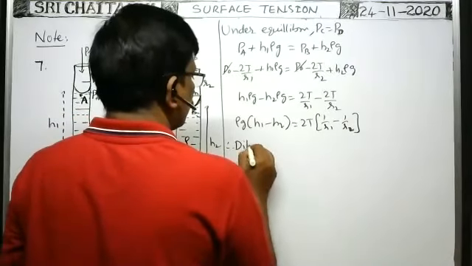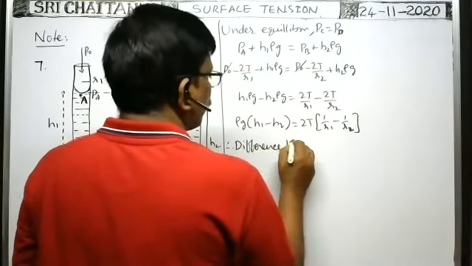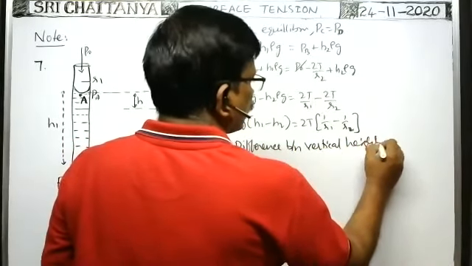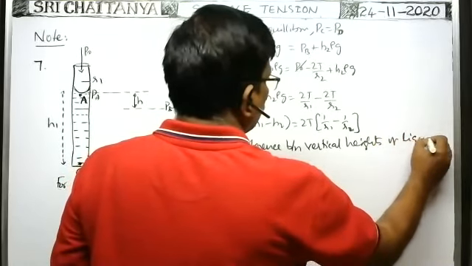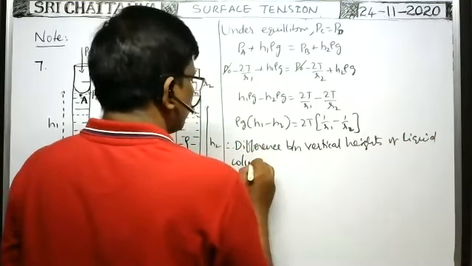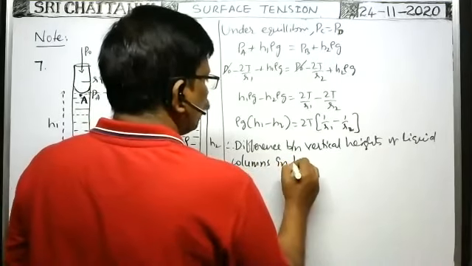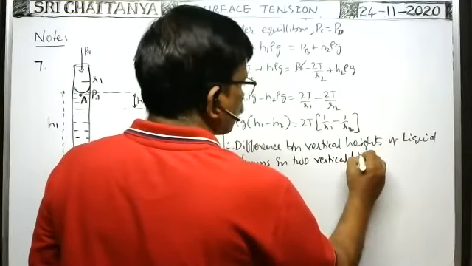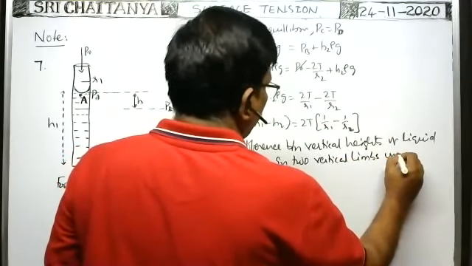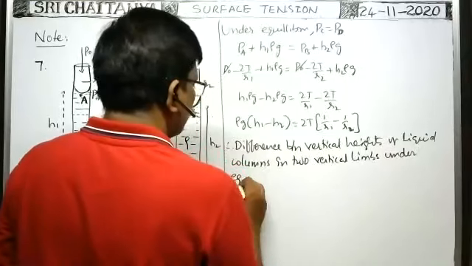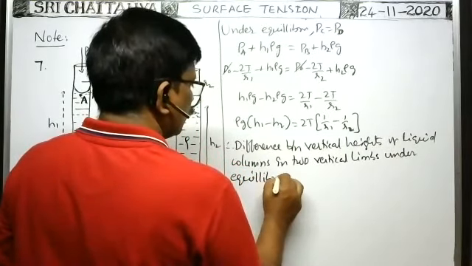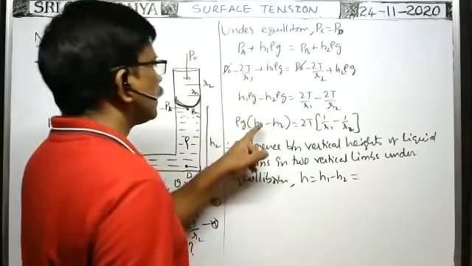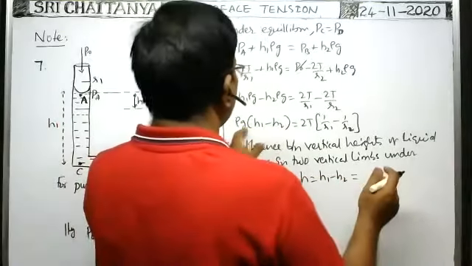Therefore, the difference between the vertical heights of the liquid columns in the two vertical limbs under equilibrium is H equals H1 minus H2, which is equal to this.